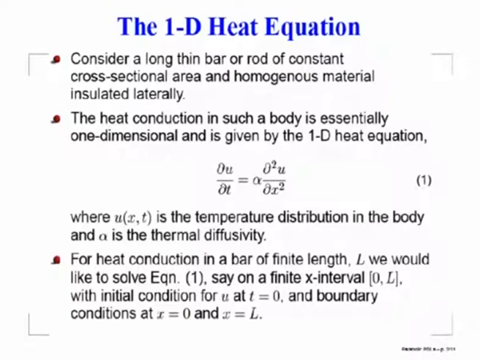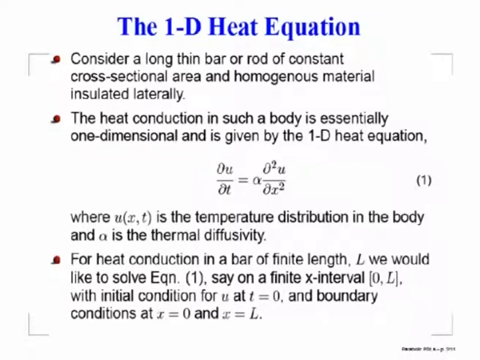Many times you would like to non-dimensionalize the system, so the alpha could be embedded inside the equation itself, but just for the sake of physical understanding, I brought the concept of thermal diffusivity here.